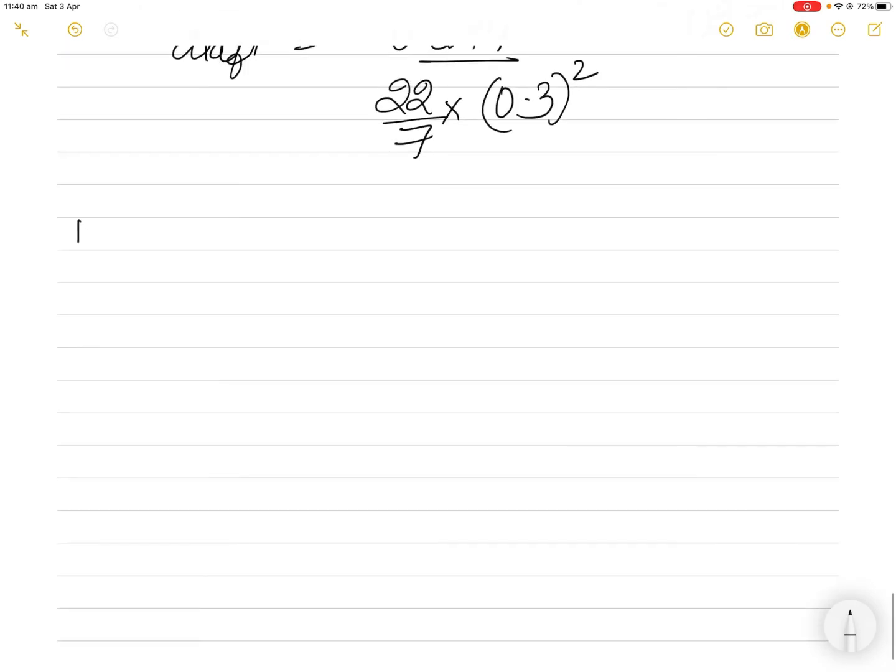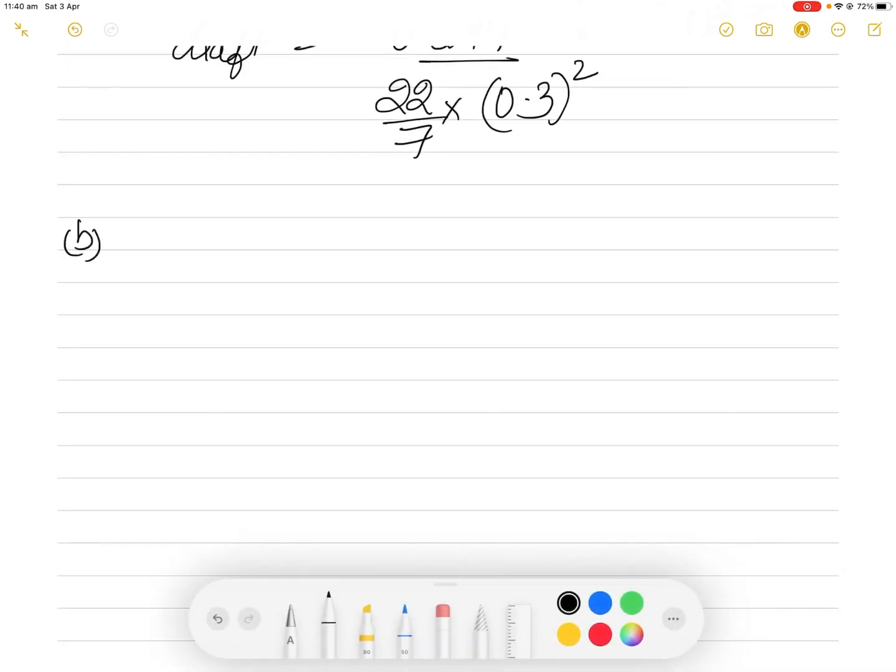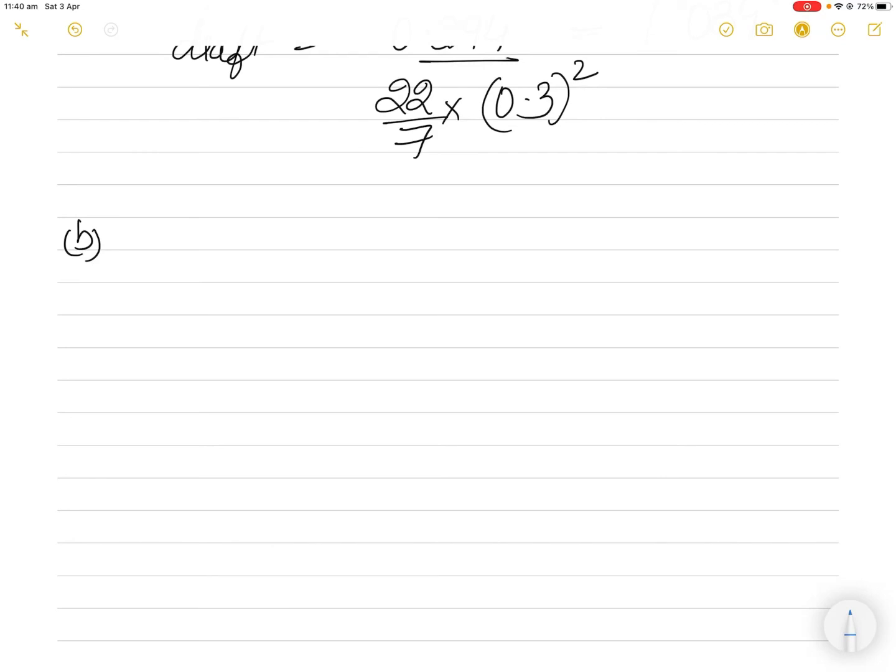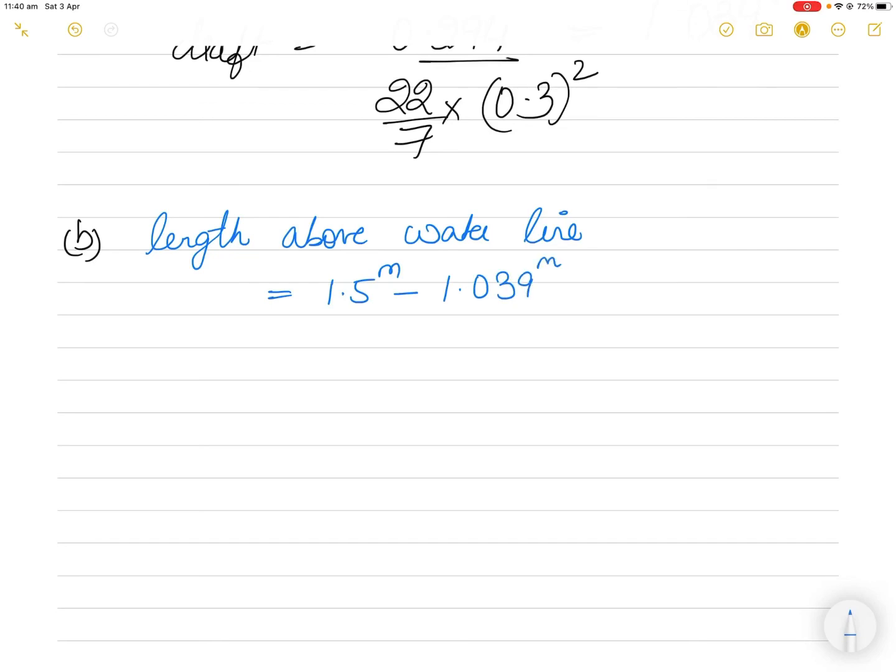So if I calculate part B, and I will use a different pen to do so this time. So length above water line will be total length, which is equal to 1.5 meters minus 1.039 meters, which is the draft, right? Which gives me 0.461. So 0.461 out of what?